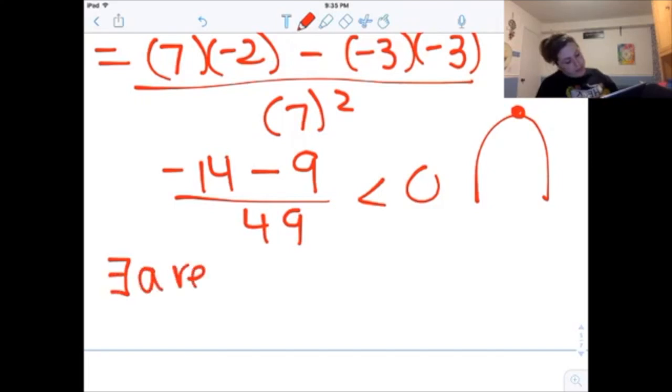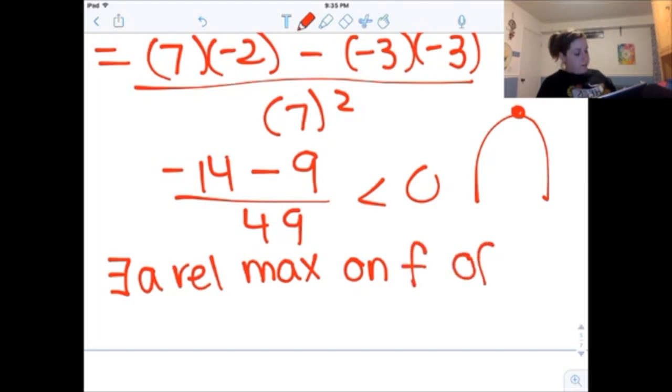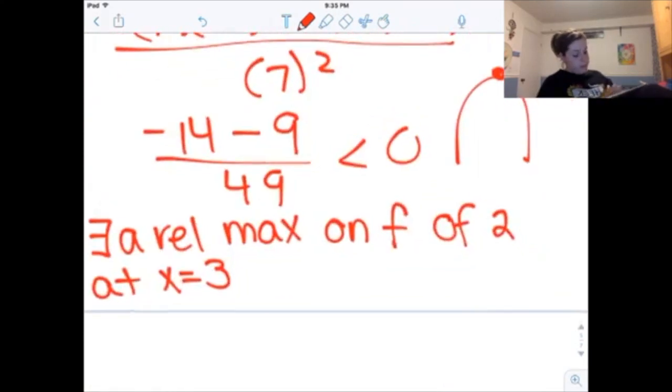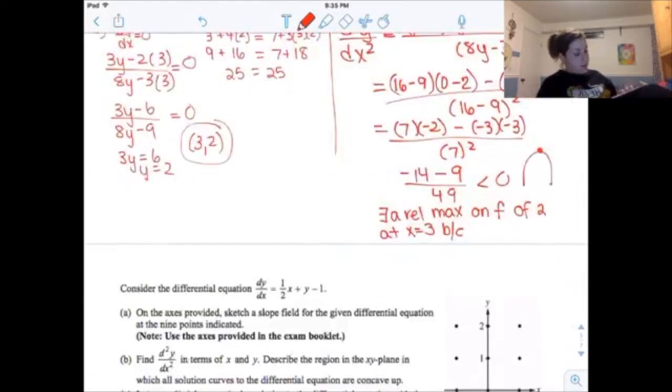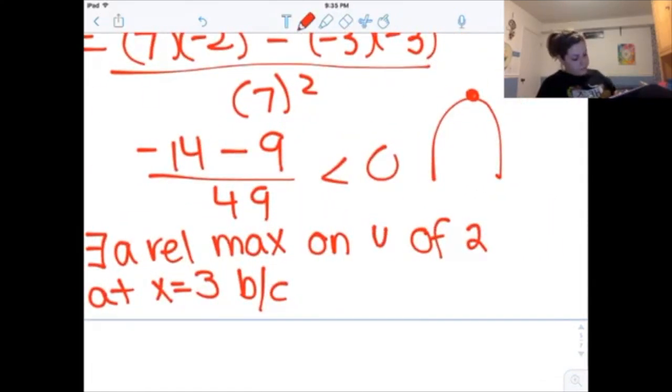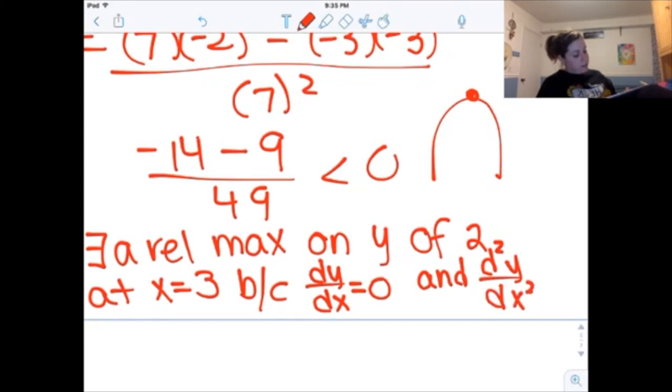There exists a relative max on y, sorry, on y, of 2 at x equals 3, because dy/dx equals 0 and d squared y/dx squared is less than 0 at (3, 2).